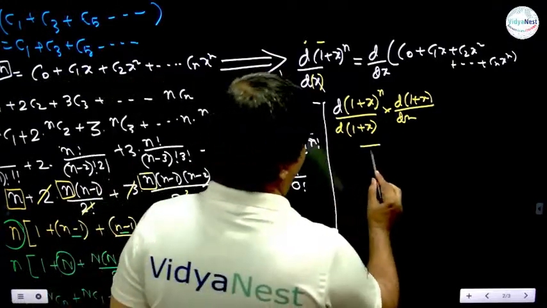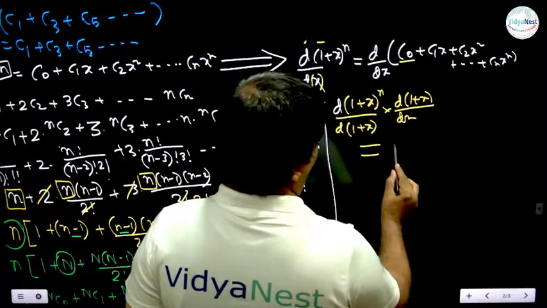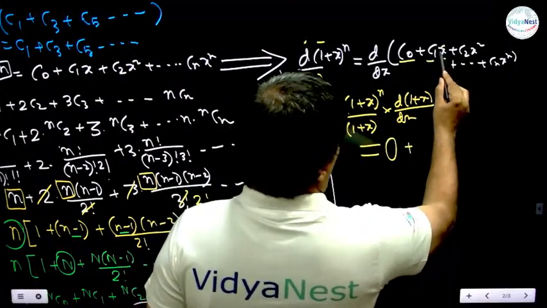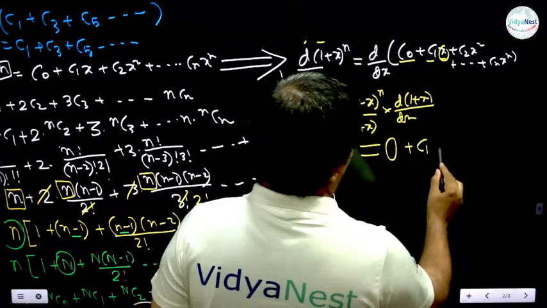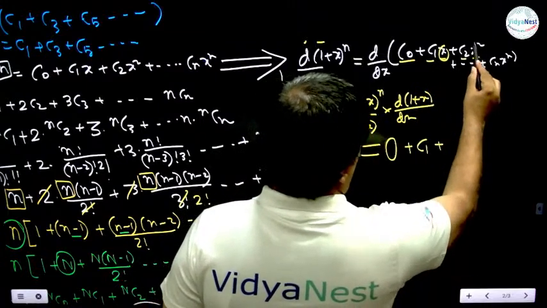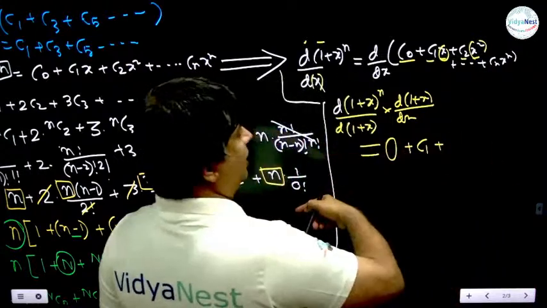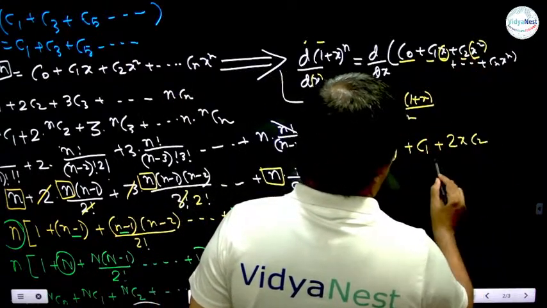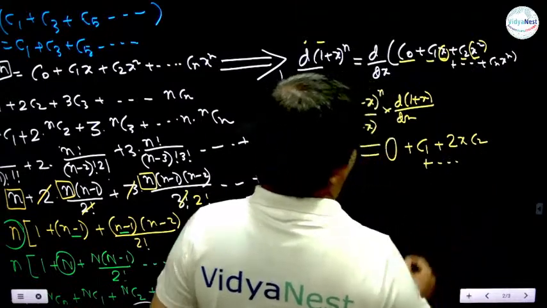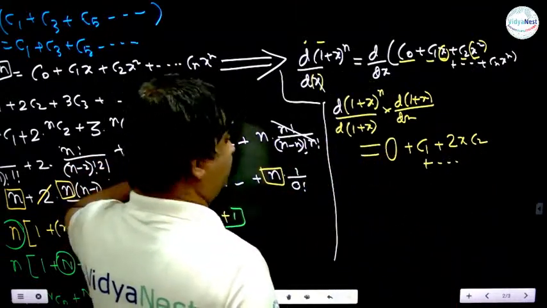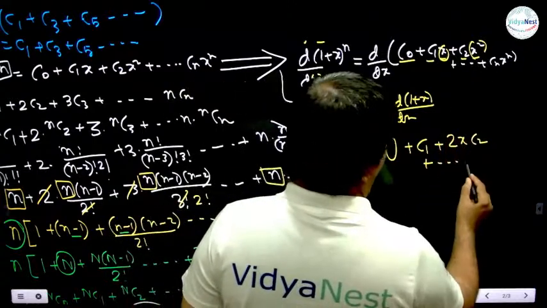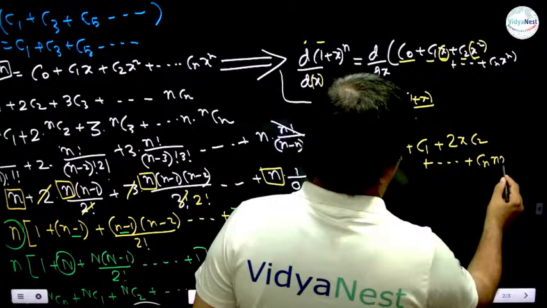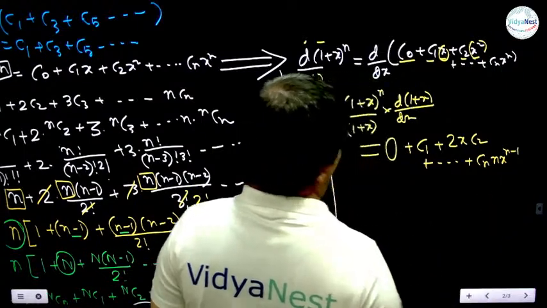Now, is it a constant term? Is the differentiation 0? C1x, yes. The differentiation of x will be 1. C2 x square: C2 as a constant comes outside, the differentiation of x square is 2x, so 2x C2. In this way, the last term is Cn n x to the power n minus 1.